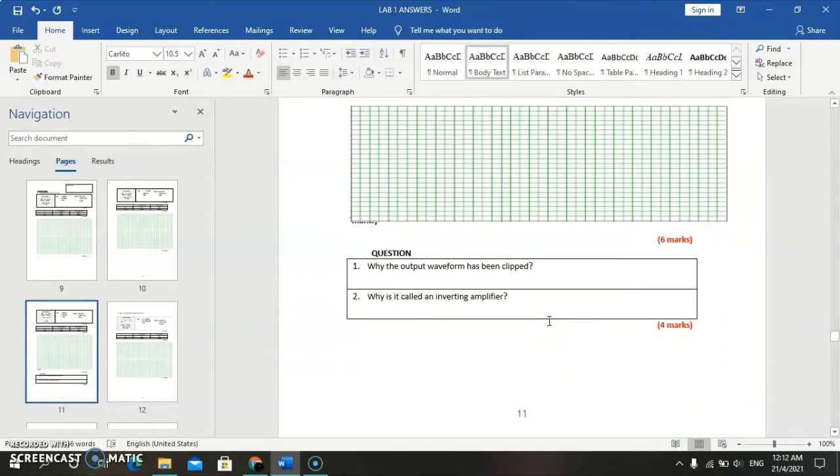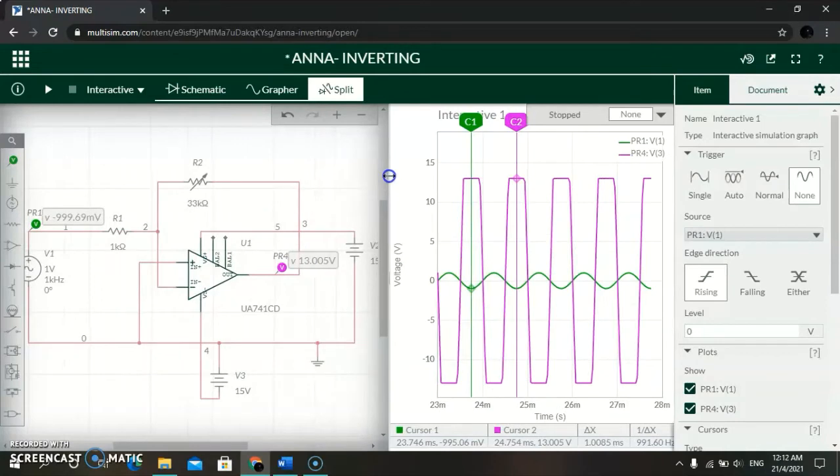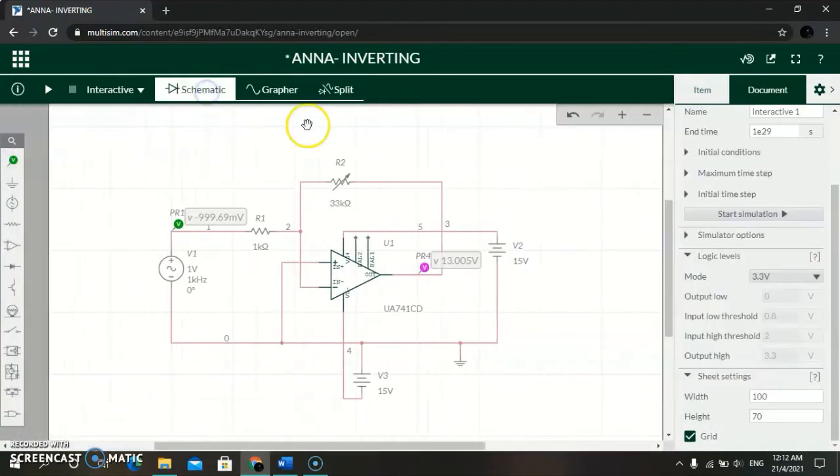Why has the output waveform been clipped? The output waveform has been clipped because clipping occurs when the voltage gain is too high for the supply. Here for the voltage source we put 15 volts, and it's the maximum.